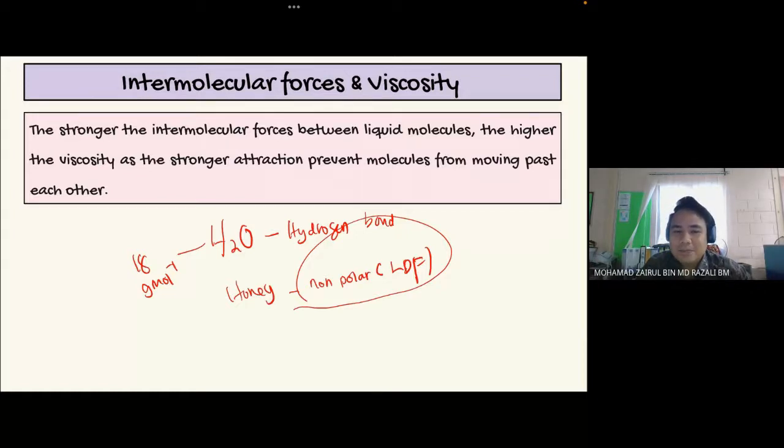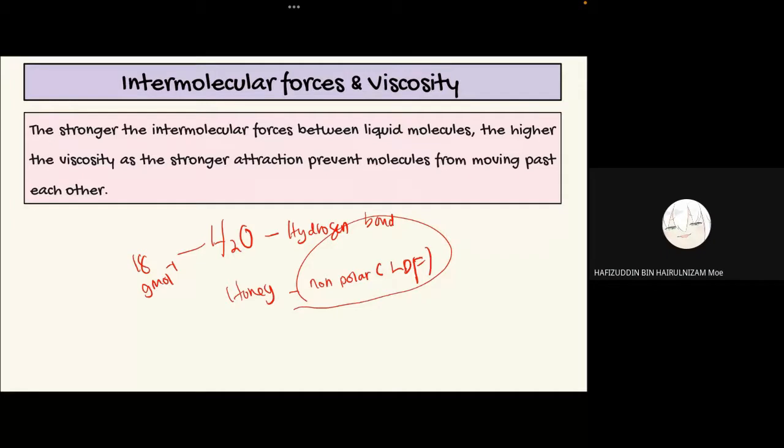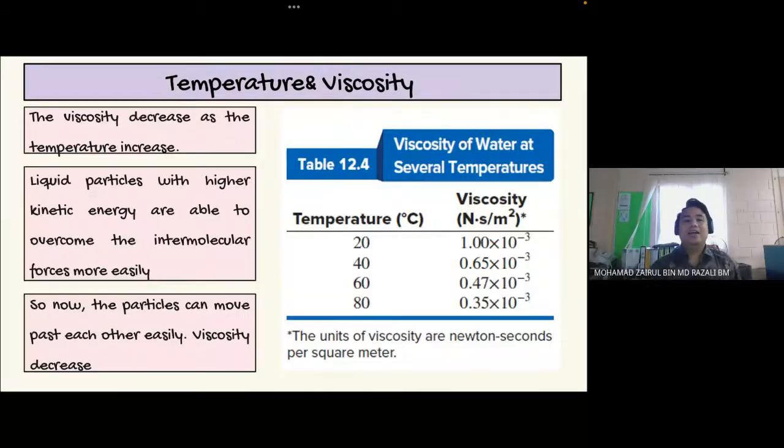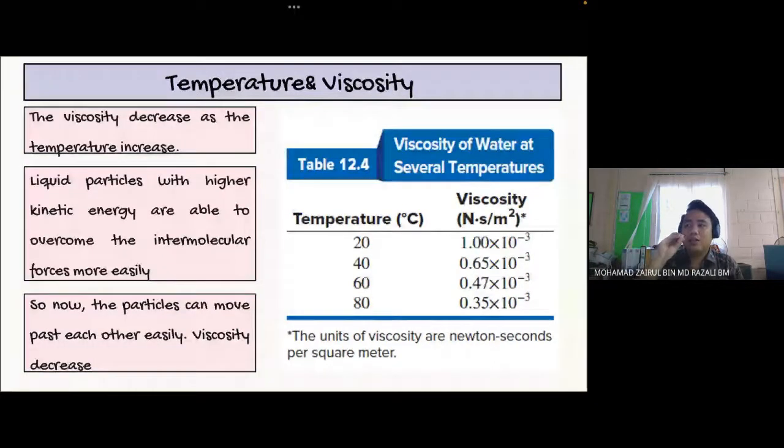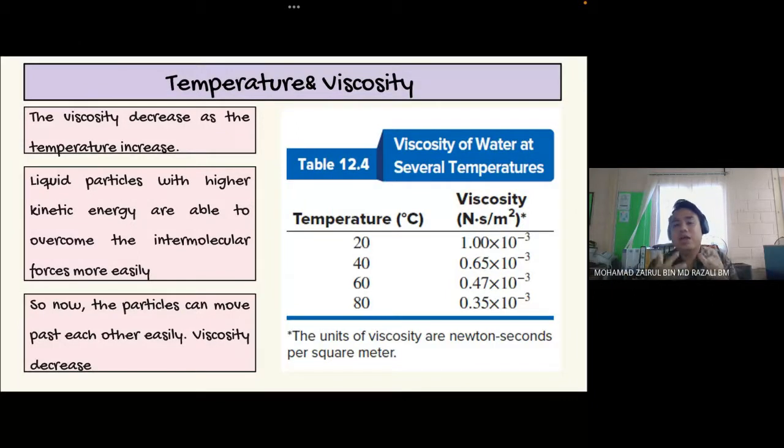Okay. So, another factor that will affect the viscosity is the temperature. So the viscosity will decrease as the temperature increases. Reason dia sama je macam tadi. So as the temperature increases, maknanya awak supply kinetic energy to the liquid particle. So now the liquid particle move vigorously and most of it have enough energy to overcome the intermolecular forces.